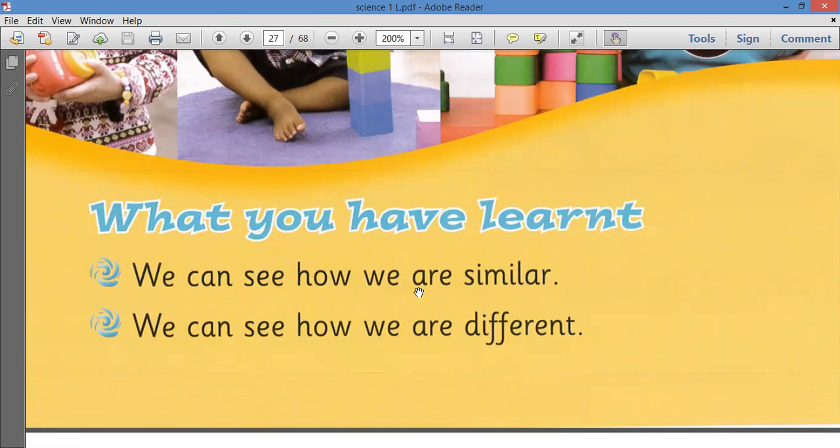We are similar in some aspects, like we are all humans, we all have two hands, we all have two eyes, one nose, one mouth, and meanwhile, we are also different in our face expressions, the shape of our face, the shape of our body structure, the color of our eyes, the color of our hair, the color of our skin, our height, our characteristics, the things we like, the things we do not like.